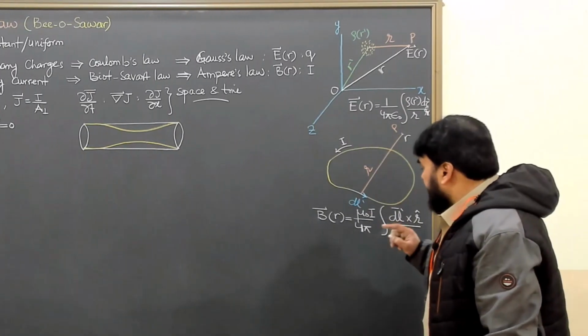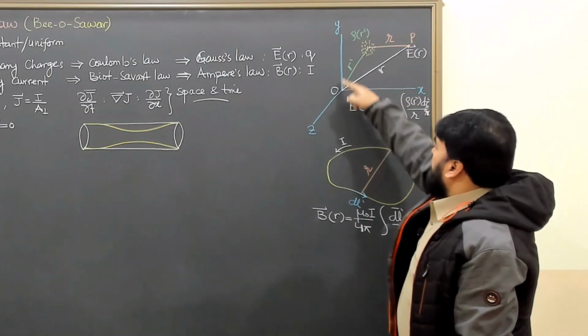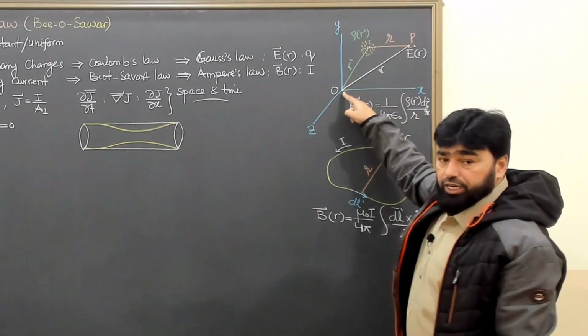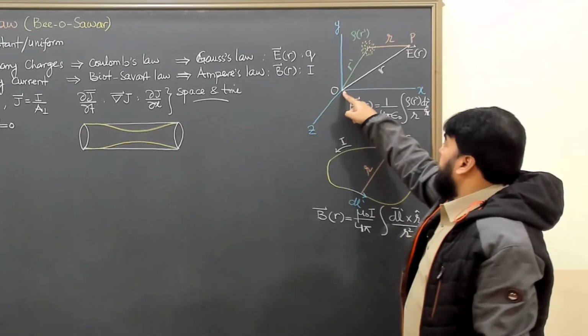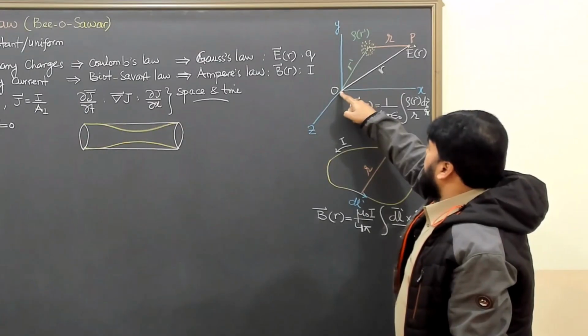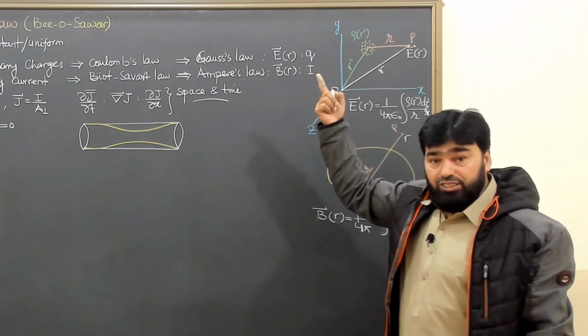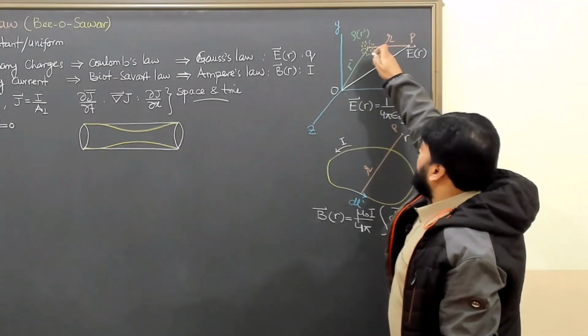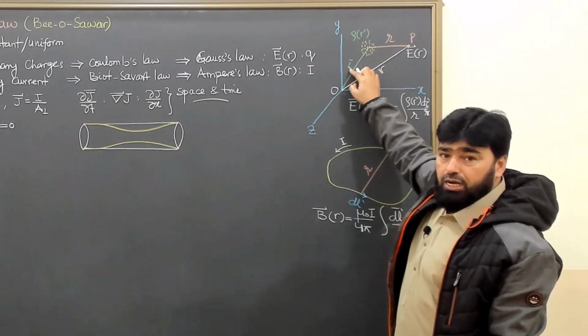So understand this one. Look here, when we consider our frame, our coordinate system, then O is the origin, and from the origin, the source or the charge density or the charges, they are at a certain distance which we denote by the prime coordinate, r prime.